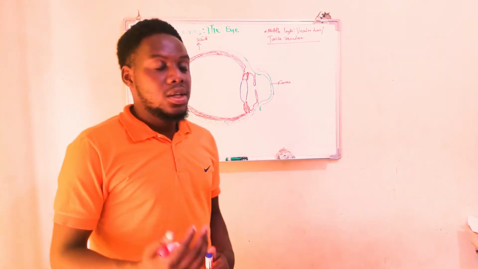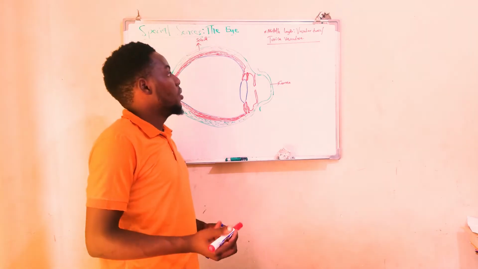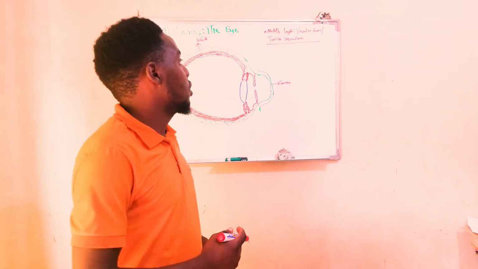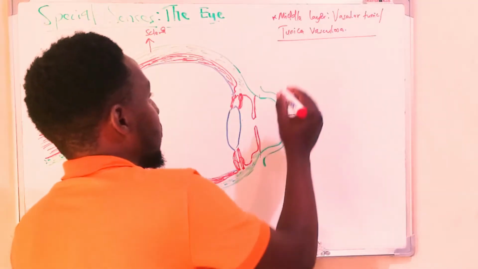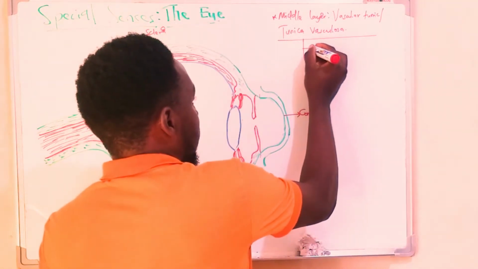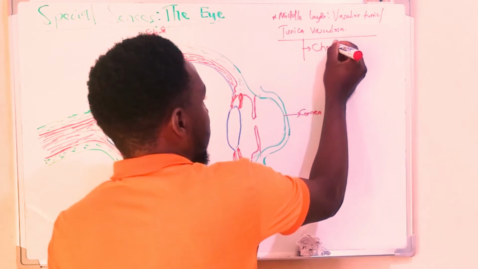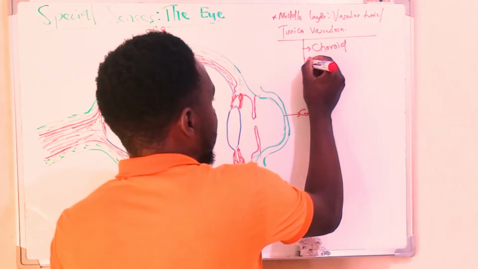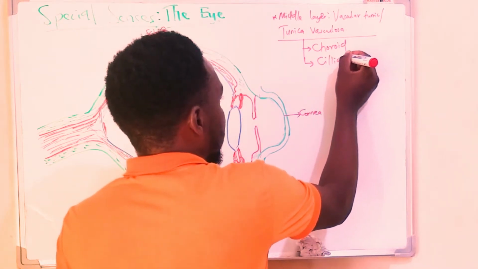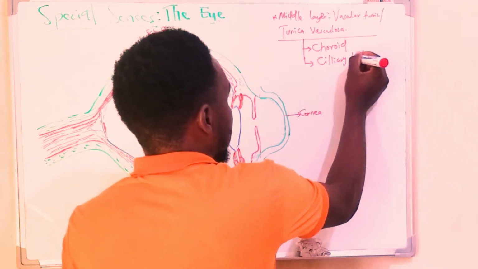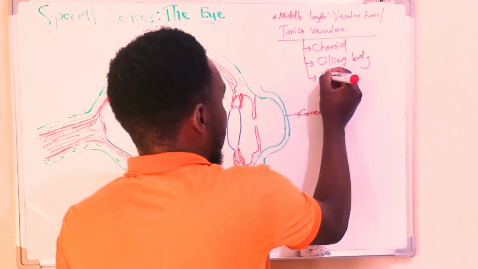Then the second layer that we're going to talk about is the middle layer, also known as the vascular tunic or the tunica vasculosa. This is made up of three structures. The first one being the choroid, which is the largest part. Then serially, body. Then we have the iris.